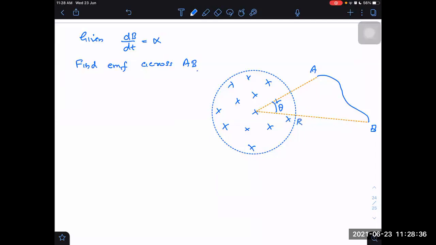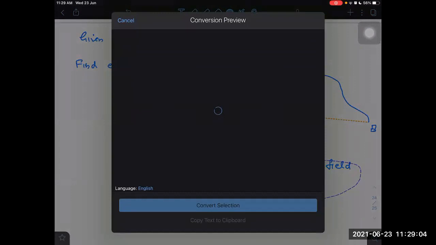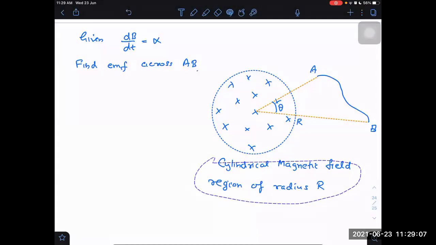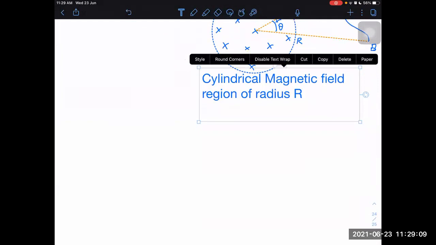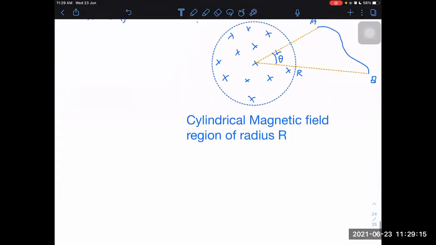Radius is given as R. Try to answer it now.